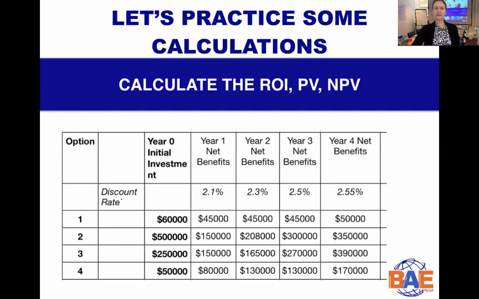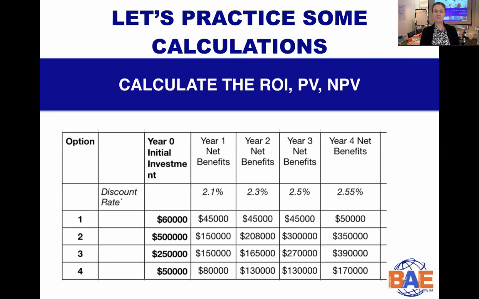Okay, so let's have a bit of a practical exercise. The assignment for you here is, I want you to calculate the return on investment, the ROI, the present value, the PV, and the net present value, the NPV.